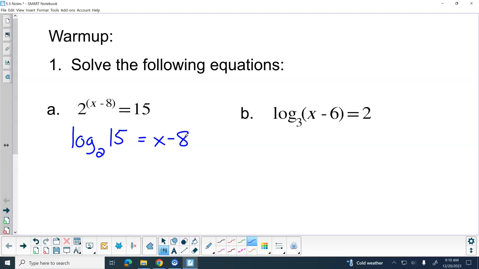So how am I going to type in log base 2 of 15 on my handy dandy TI-30XS? How do I type it in? Log 15 or natural log 15 divided by natural log of 2, making sure that we close the parentheses each time.